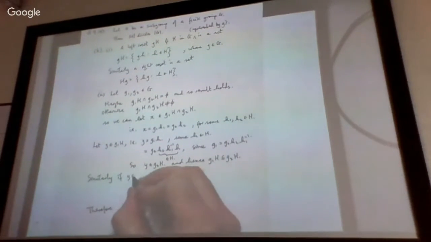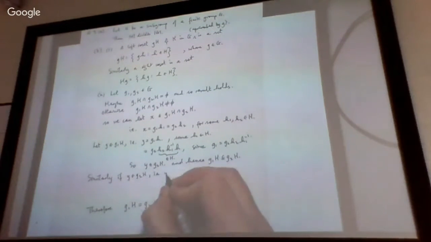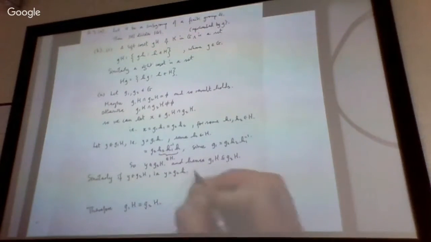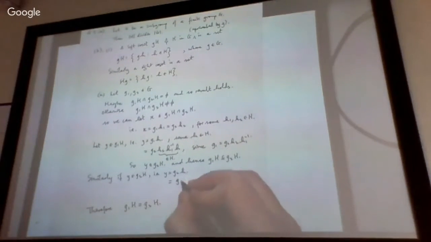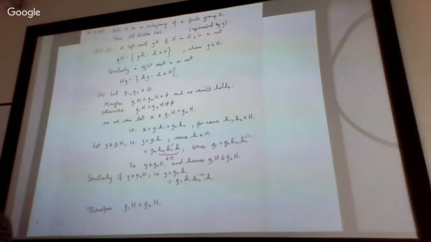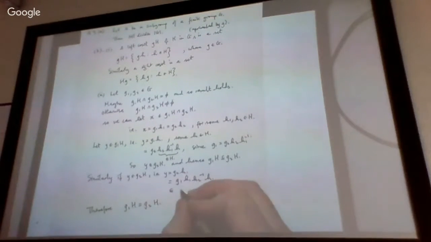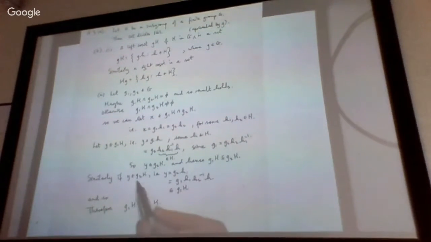If Y is an element of G2H, i.e. Y is equal to G2 little h, then we can write that G2 is going to be G1 H1 H2 inverse h, which is again an element of G1H. So everything in G2H is necessarily in G1H, so G2H is contained within G1H.